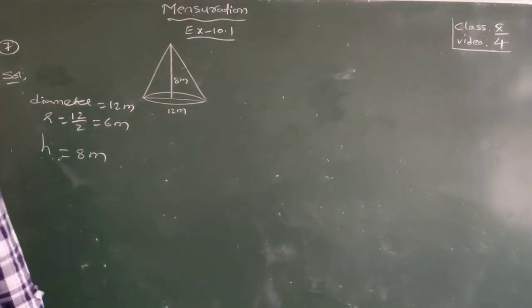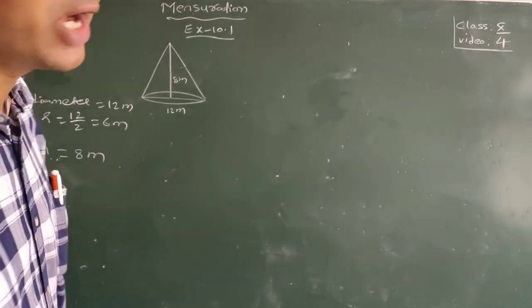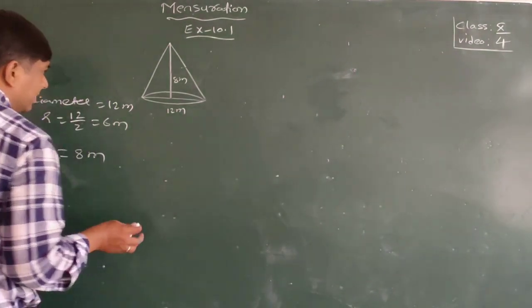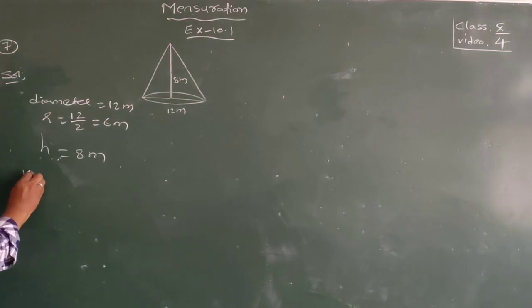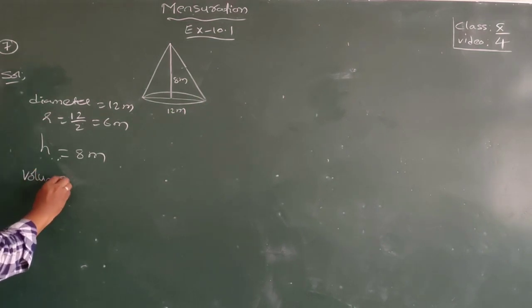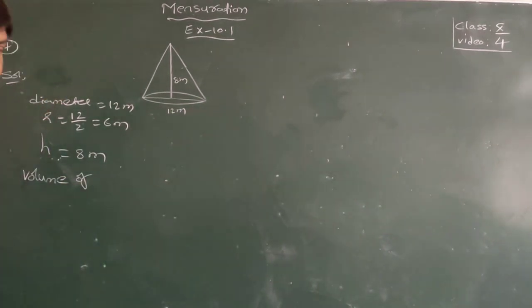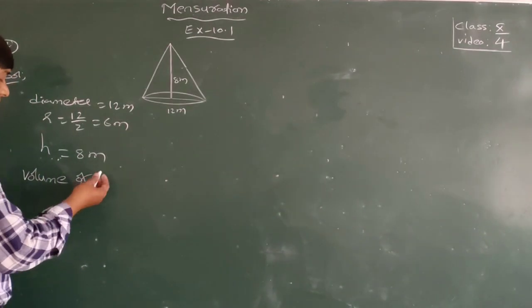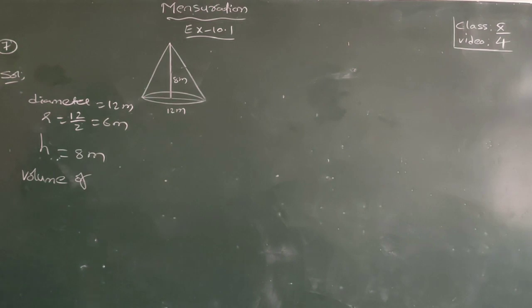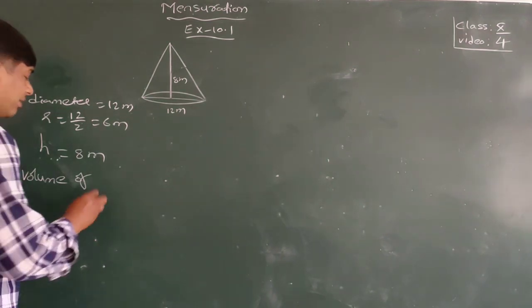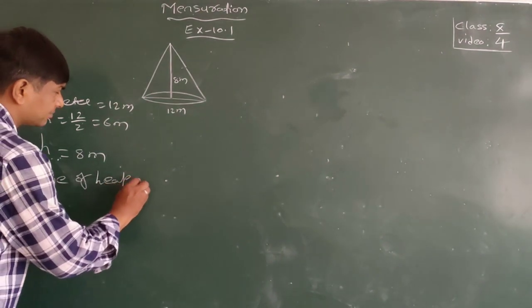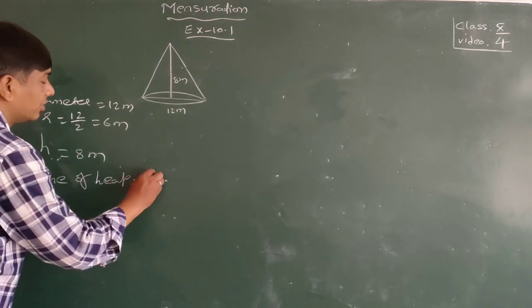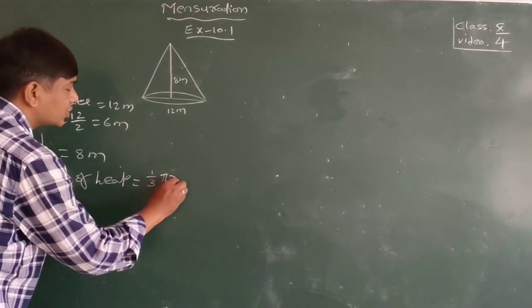Now the first question is find its volume. Simple question only. Volume of heap is equal to 1 by 3 pi r square h.